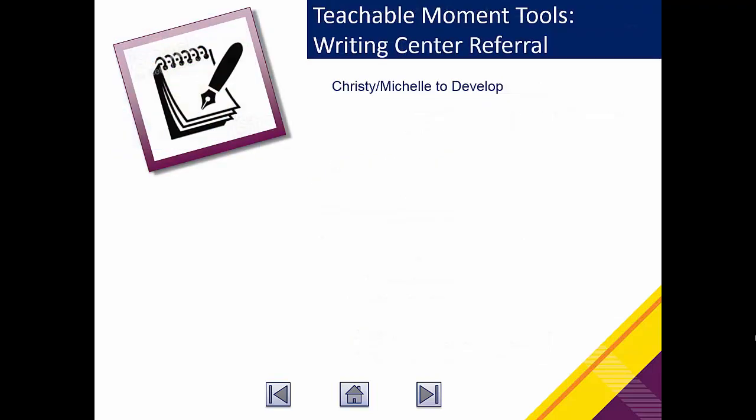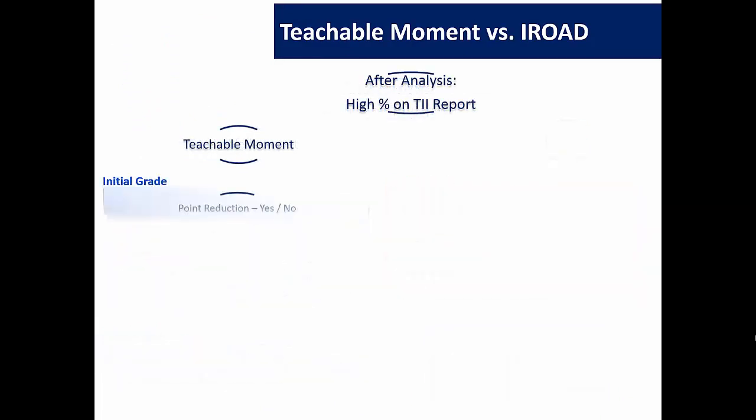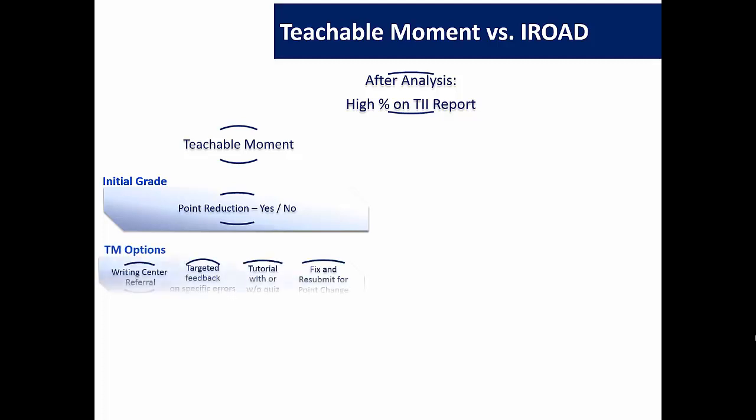Here's a flowchart of options when using a teachable moment or an IROAD. Let's start with a teachable moment. Using a teachable moment, you may first want to capture the student's attention by reducing the grade earned. Even if the assignment has met some of the criteria, you can manually reduce the points earned in Waypoint. Next, you want to offer resources and guidance around the specific errors identified.